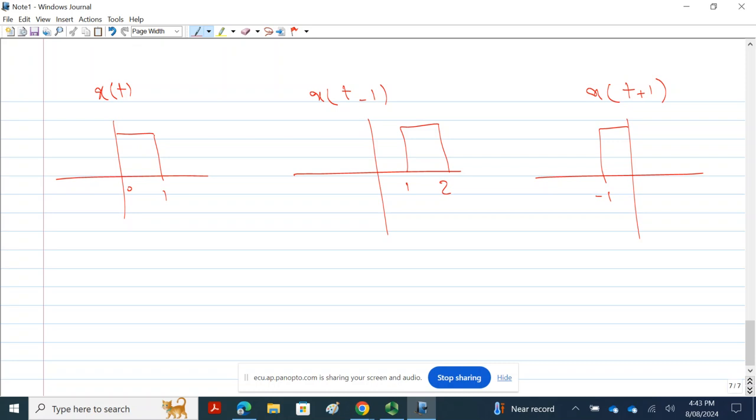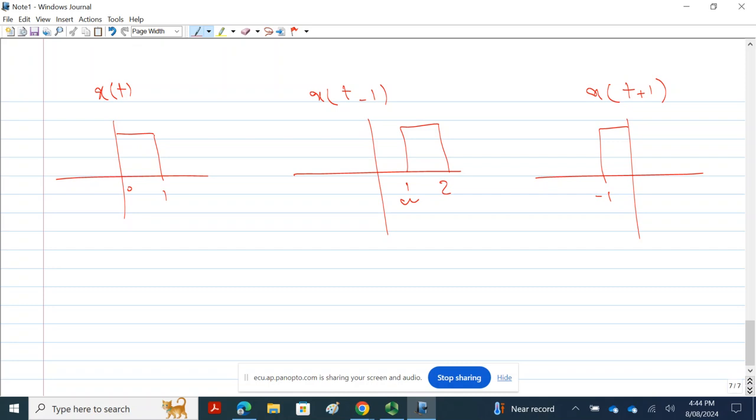So what happens at t equal to 2 seconds used to happen at 1 second. That's why it's called delay, right? And then it's the opposite. What happens at t equal to 0 used to happen at t equal to 1.